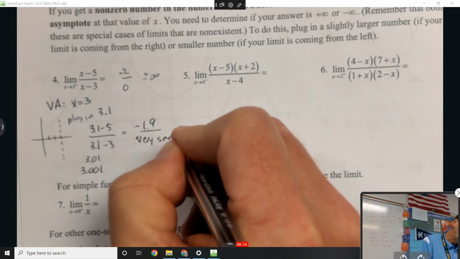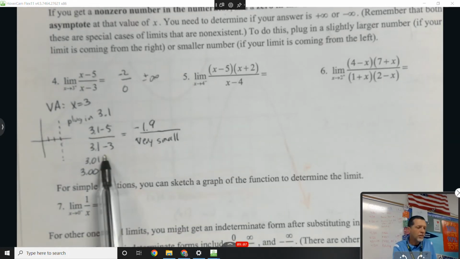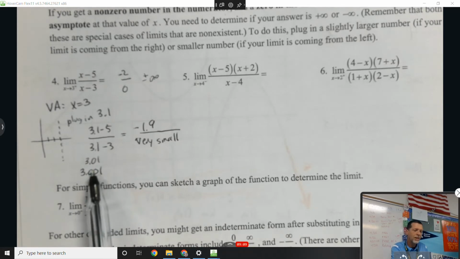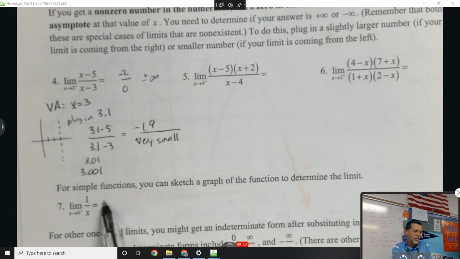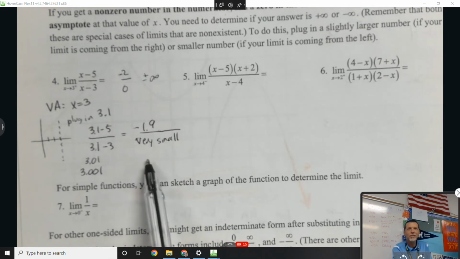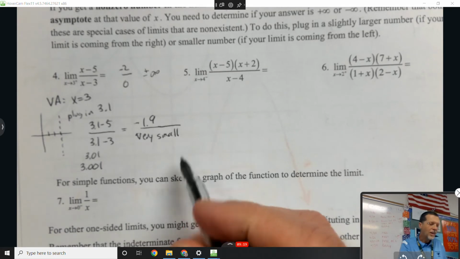And this is where the calculus students and maybe the pre-cal students, like, come on, you're telling me that 3.1 minus 3 is very small? Since when is that a math answer? But it's not just 3.1, because we got to get closer and closer to 3. So 3.01, well, that'd be even smaller. We're getting smaller and smaller. But the point is, very small.